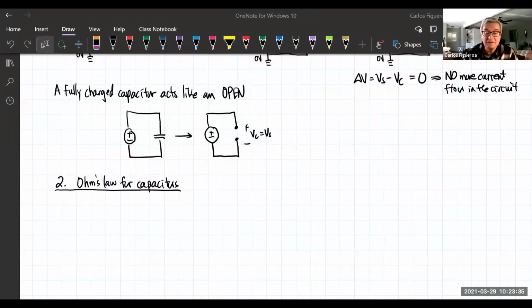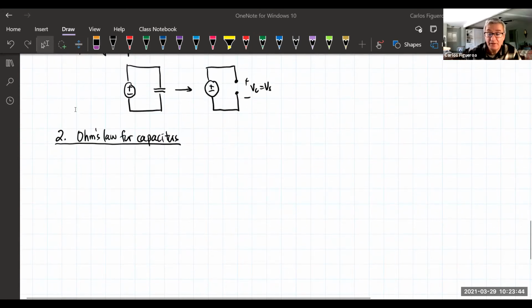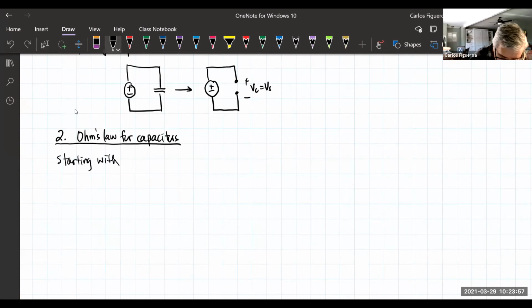Okay, so I want to now start talking about Ohm's law for capacitors. Here's what we know: we have to define the capacitance equation. What's the capacitance equation?